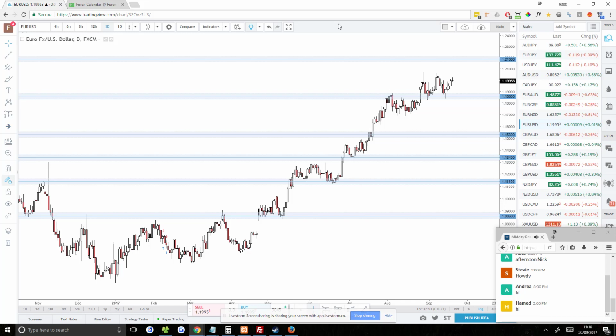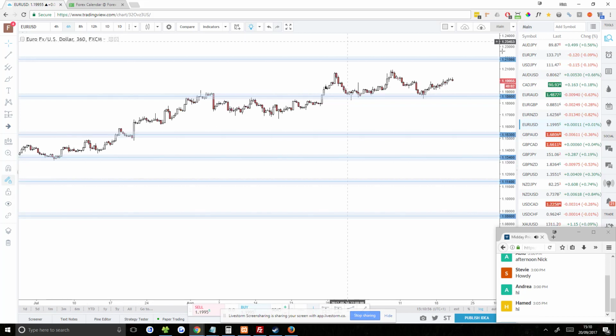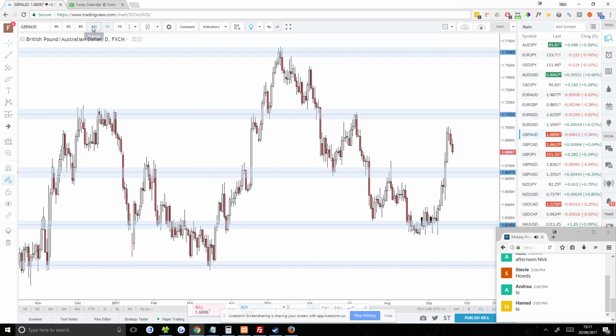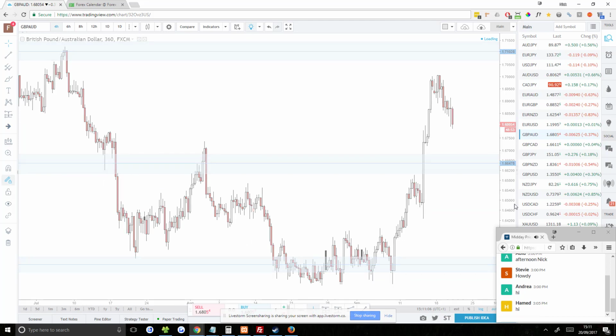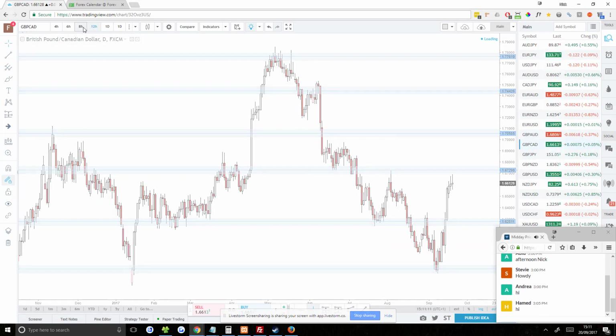Stuck in this tight little range. There's nothing that in my opinion or in my strategy is worth trading there. GBPAUD, it's just stopped in between support resistance and started turning around. GBPCAD, nothing much.